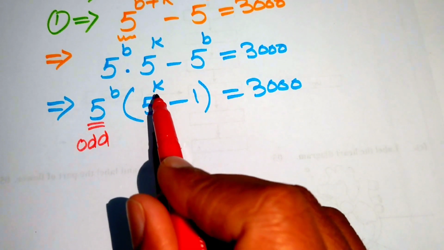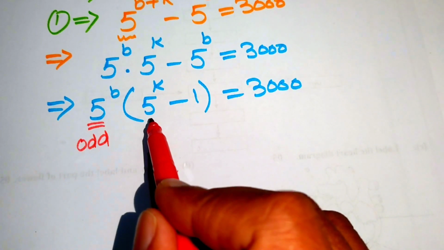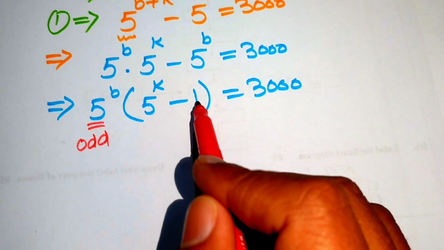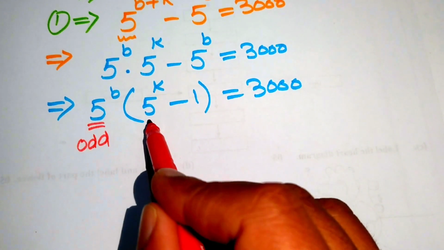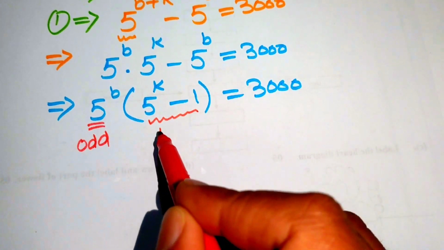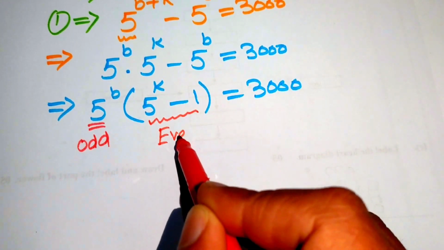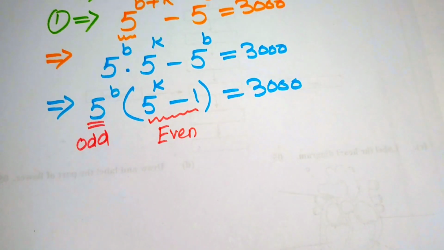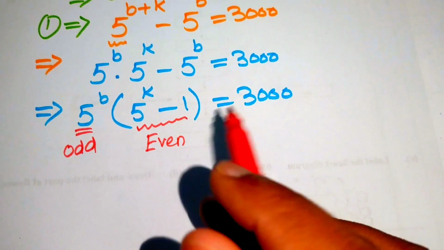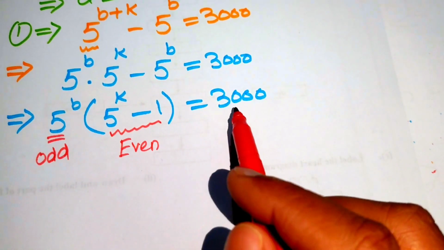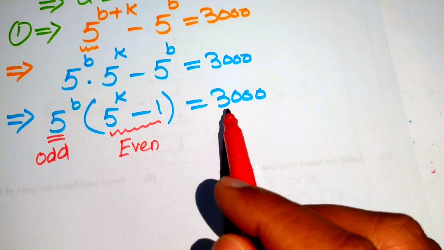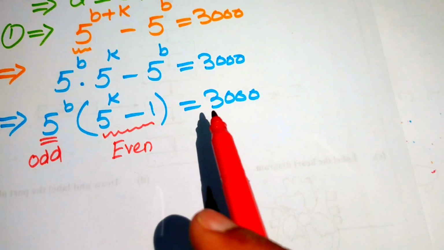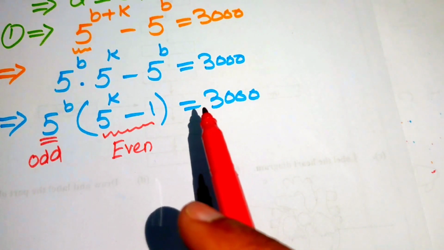And when we subtract 1 from an odd number, it becomes an even number. So we see that 5 to the power of k minus 1 is an even number. Now first we make the factors of the right hand side, and then we decide which factors on the right hand side are even or odd.